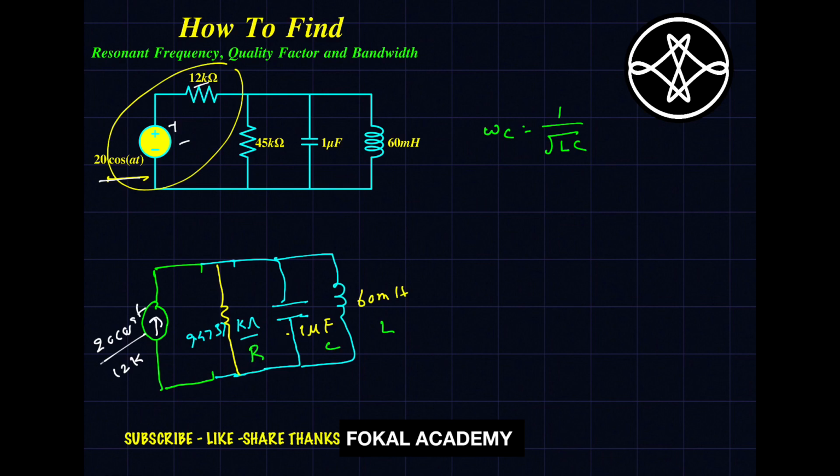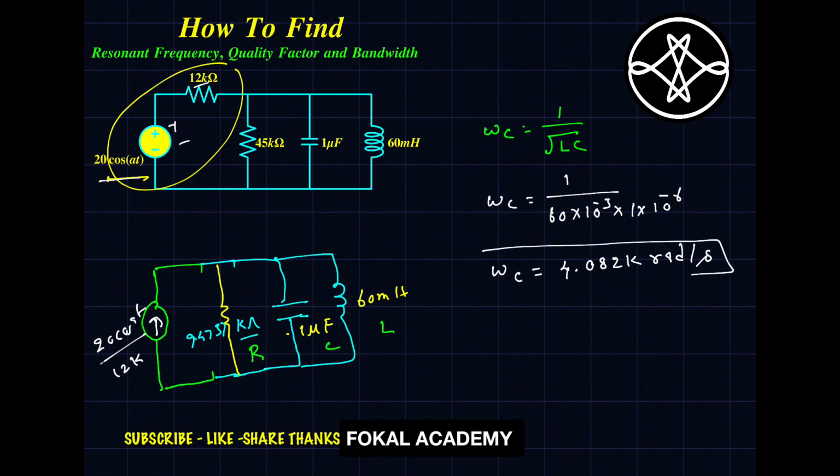Omega c equals 1 by root of L is 60 millihenry, that is 60 into 10 power minus 3, into the capacitance, 1 microfarad, that is 1 into 10 power minus 6. Using a calculator we get 4.082 kilo radians per second. This is the required resonant frequency in radians per second.